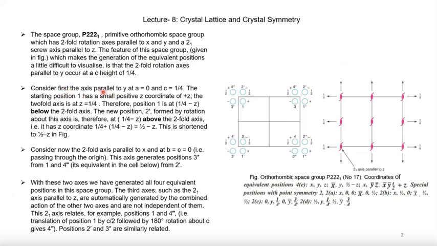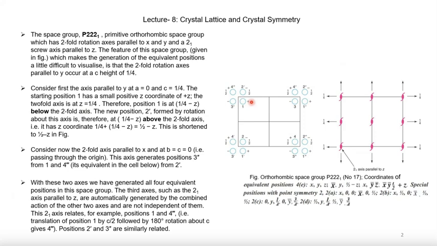So let us consider the axis parallel to Y. It is at A equal to 0 and C equal to 1/4. And the starting point we take, this is the starting point, 1, which has a small z coordinate. So that's plus z, a very small z coordinate, and the twofold axis at z equal to 1/4.